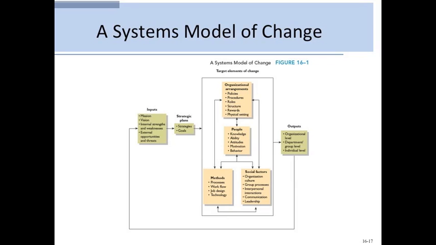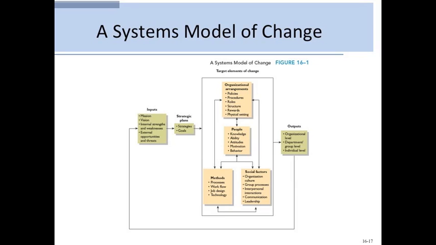And this is the systems within the organization. Systems such as the organizational arrangement, which has to do with the structure and the policies and the procedures. The people in the organizations, the knowledge, their ability, their attitudes, their motivation, social factors, things like culture and leadership, and also the methods, which is the workflow and the job design.